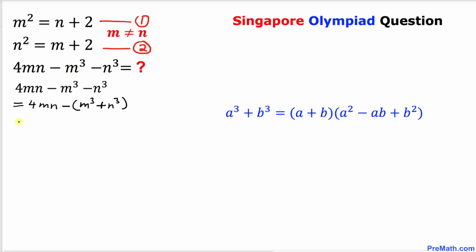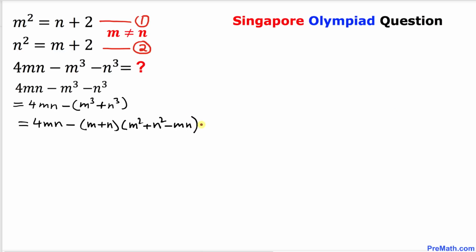So this whole thing could be written as 4mn − (m + n)(m² + n² − mn). Now let me call this equation number 3.